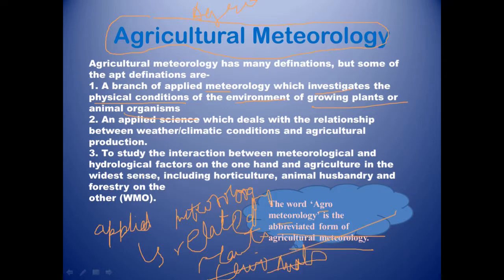Then there is another definition, which says it is the applied science which deals with the relationship between weather or climatic conditions and agricultural production.